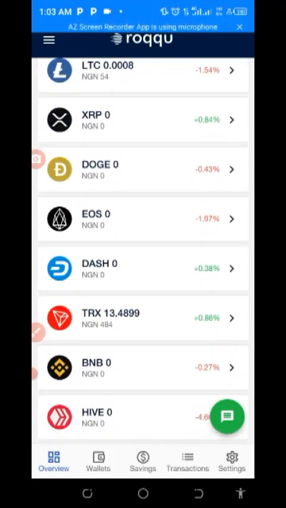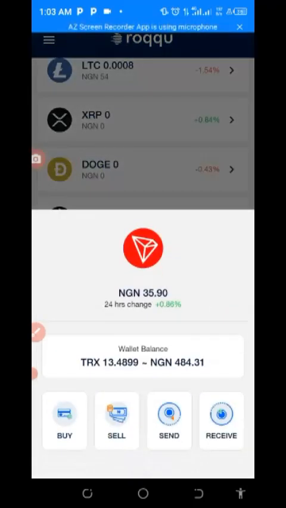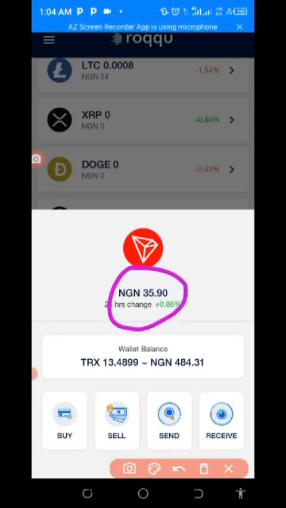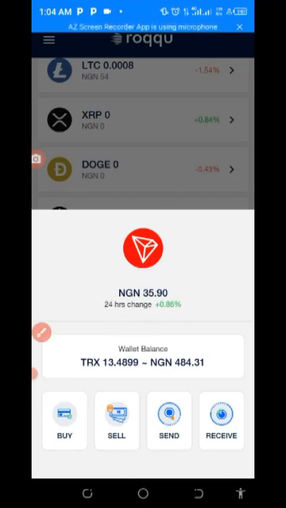For instance, now look at this TRS. TRS is 35 naira 90 kobo. So you can see I have already bought the amount of 500 naira down, and I'm expecting this price to change to 38 or 36.